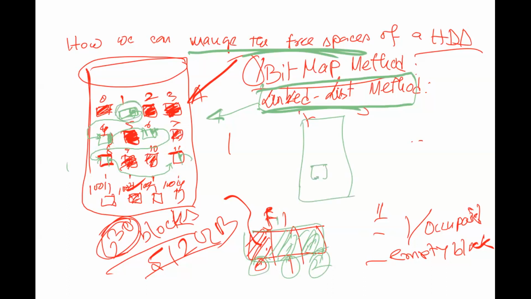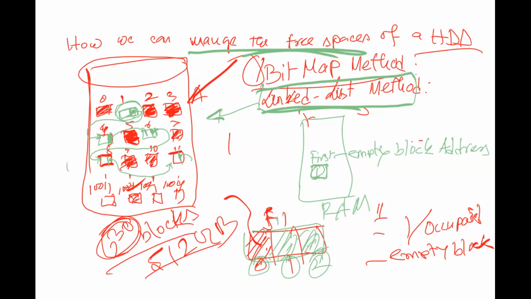The first empty block address is nothing but 1. This thing is inside the RAM. It is referred to as the first empty block address, and it will always be inside the RAM.